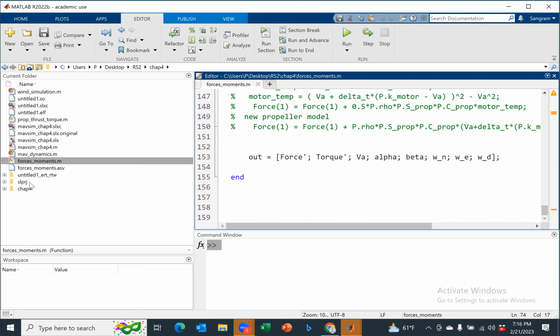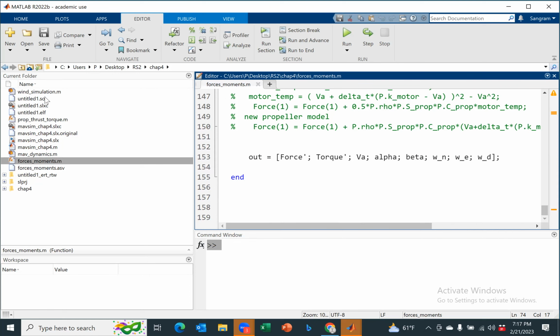Where does the P structure come from? I thought you used the exact same structure when you simulated your UAV. It's the MAV, yeah, that is MAV. I think I uploaded the zip file corresponding to the template.